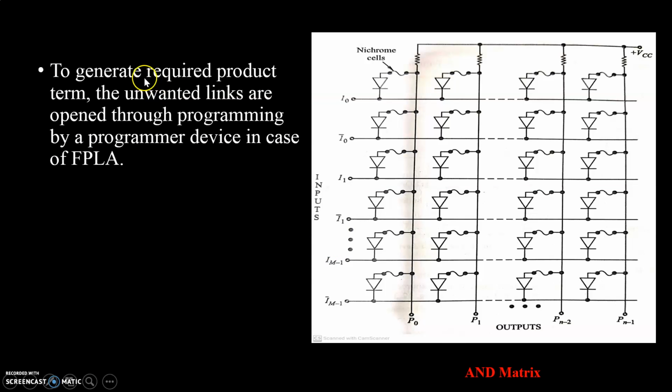To generate the required product term, the unwanted links are opened through programming via programmer devices in case of FPLA, Field Programmable Logic Array. This is the diagram of the AND matrix, and each of these fusible links is a nichrome fuse link. It has M inputs and N outputs.